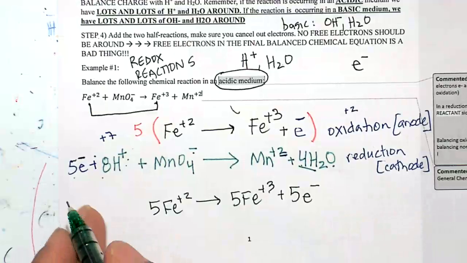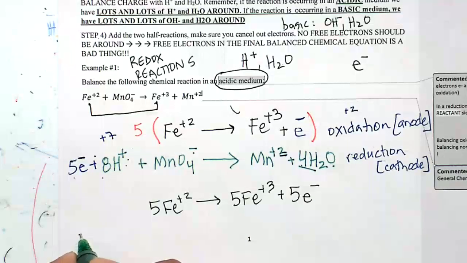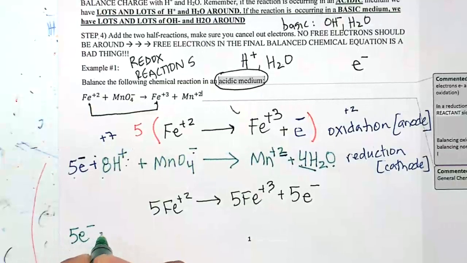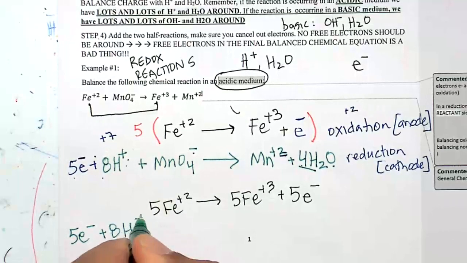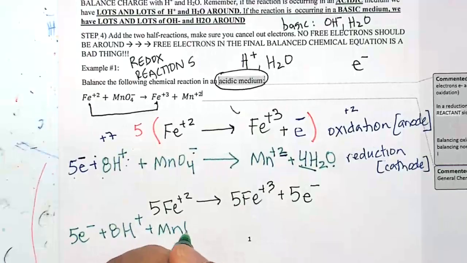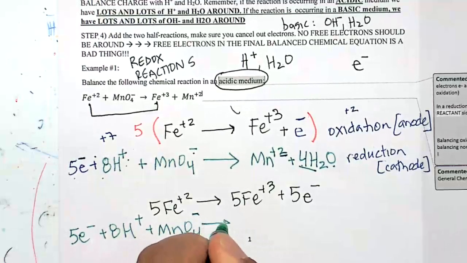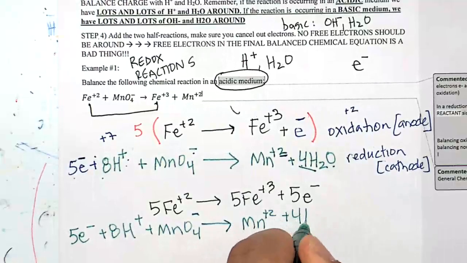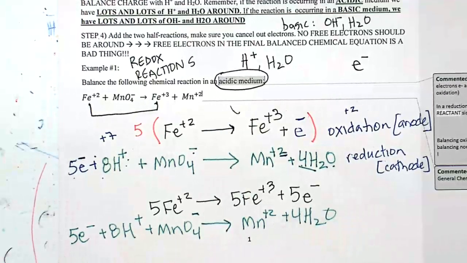We'll do nothing to the bottom because we just leave it like that. So this is going to be 5e minus plus 8H plus MnO4 minus goes to Mn plus 2 plus 4H2O.